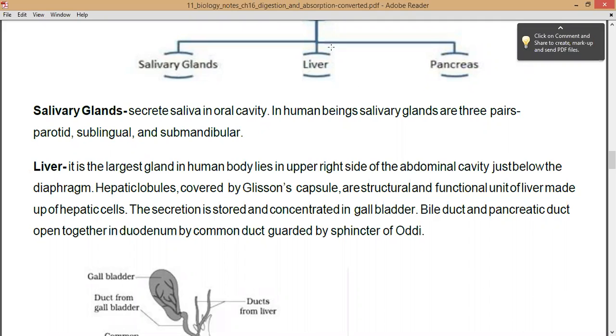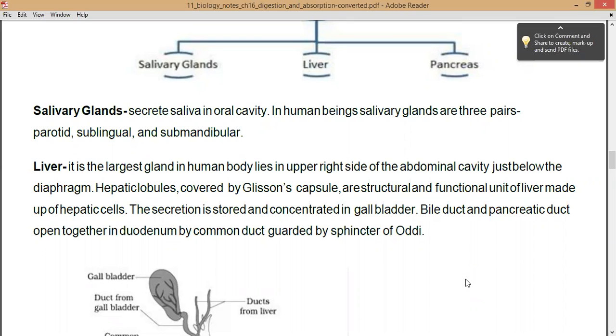The hepatic cells are responsible for secreting the bile juice, which is stored and concentrated in the gallbladder.